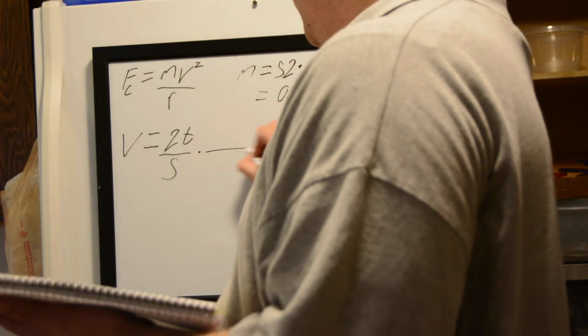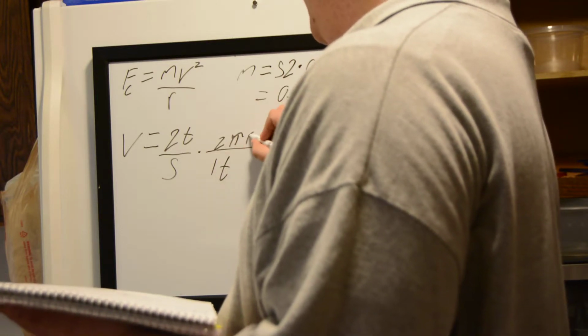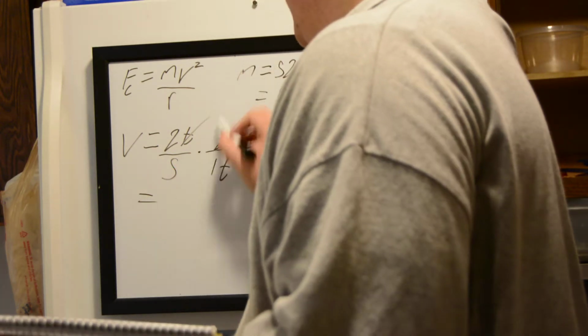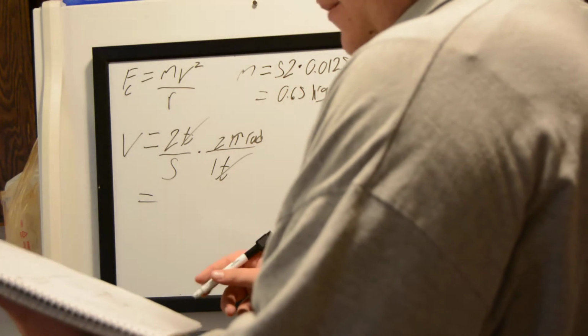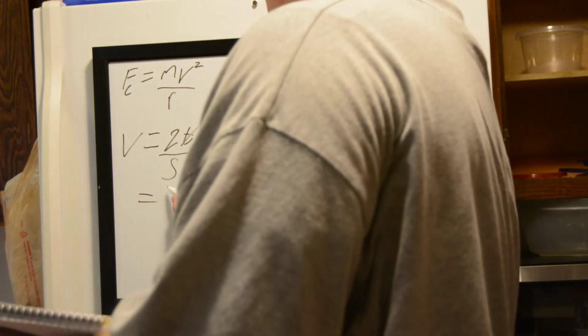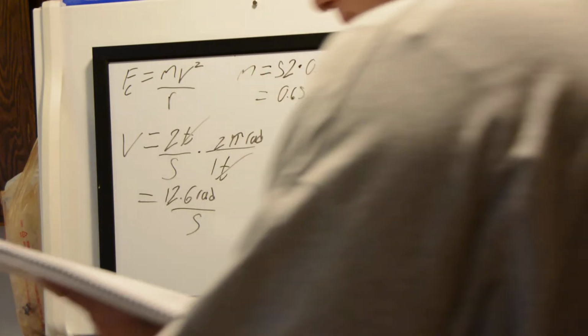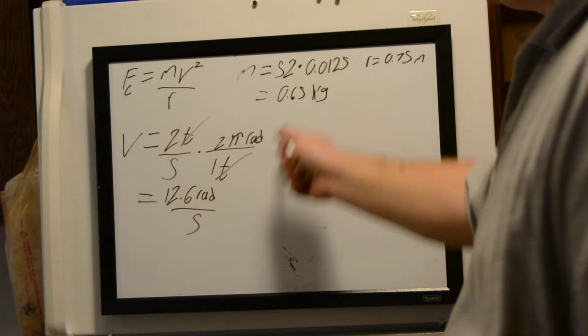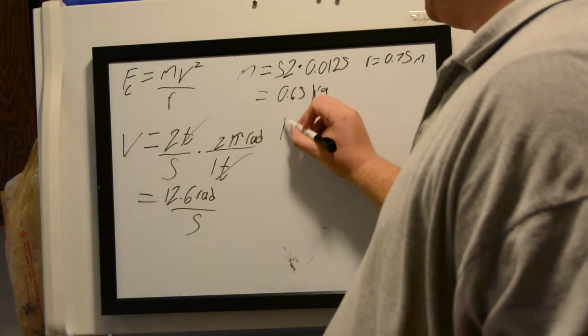So we can just do a little unit conversion over here. 1 turn is 2 pi radians. And then that cancels out our turns here, so we have it in rad per second. So that means that her velocity is going to be 12.6 radians per second.